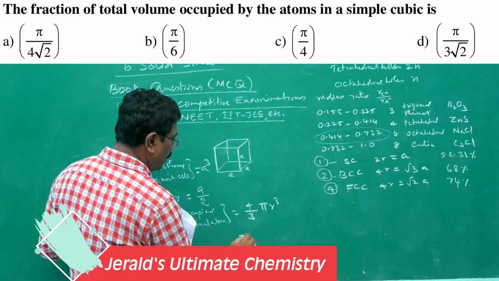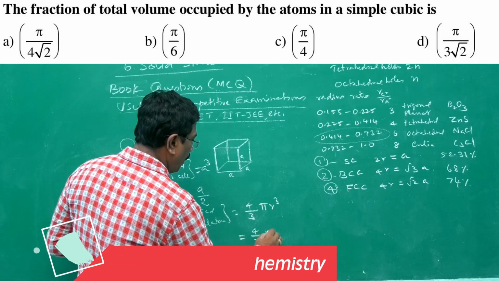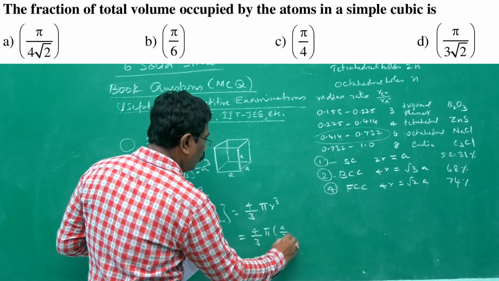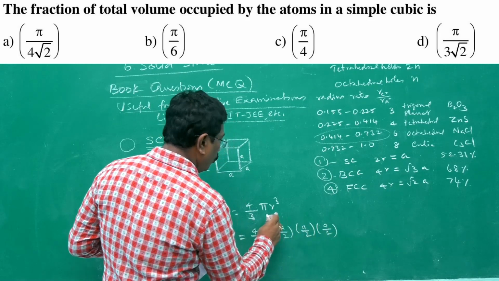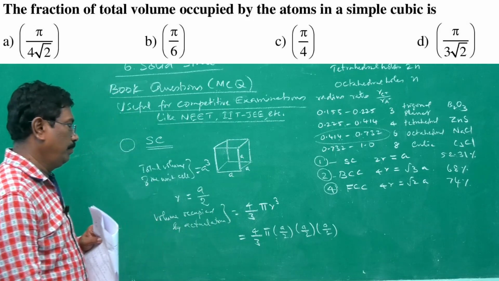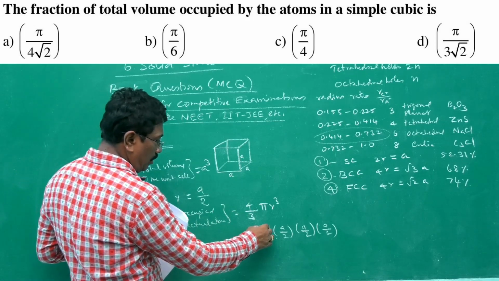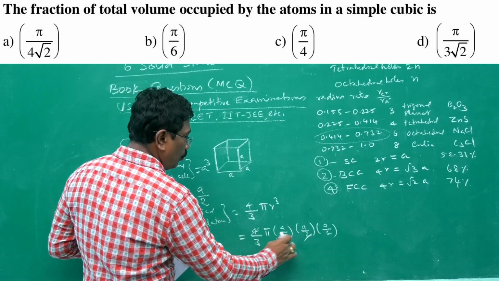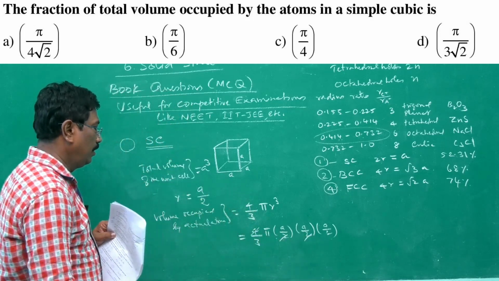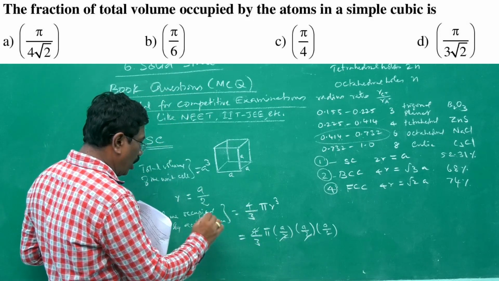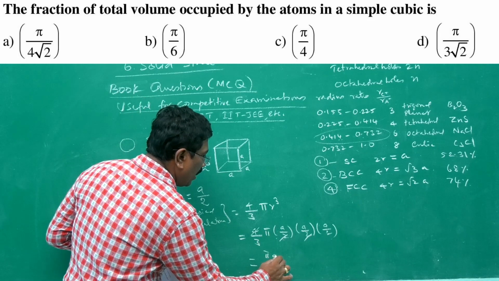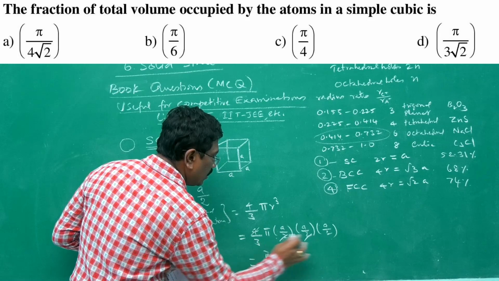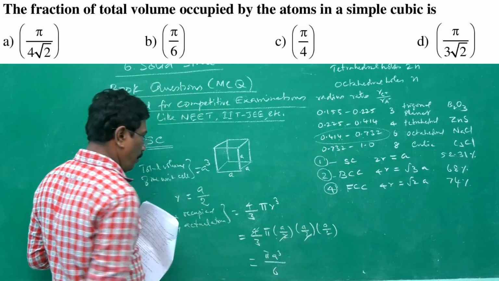Now r should be replaced by a by 2. 4 by 3 pi into a by 2 whole cube. So 4 by 2 and 2 get cancelled, 2 into 2, 4, 4 and 4 get cancelled. So the actual volume occupied by a single atom is equal to pi a cube by 6.